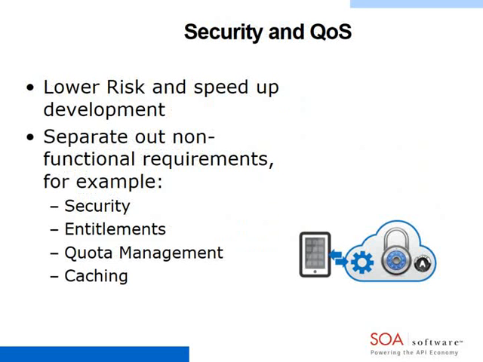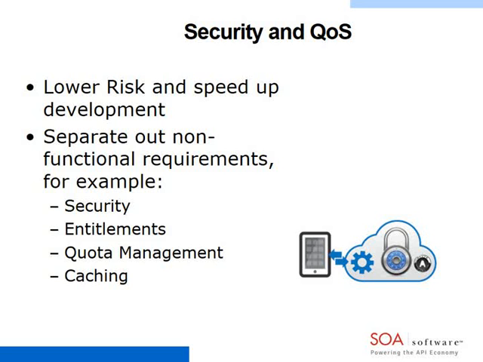So the next key component or capability that I see that is specific or relevant to mobile app development is around security and quality of service. More generally, though, what you're trying to do here is separate out non-functional requirements from functional requirements.